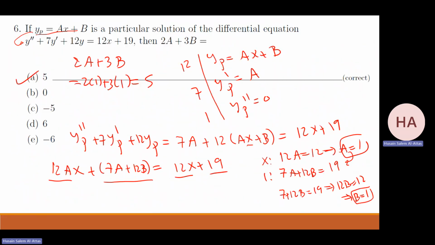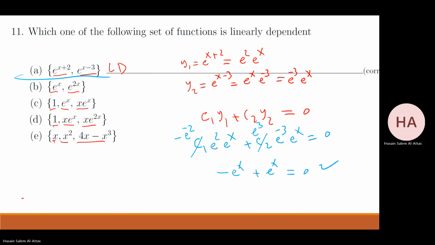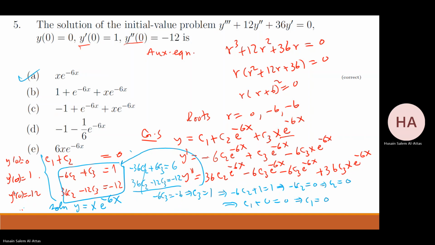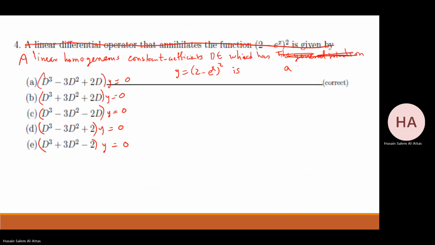Also, the other way, I think we saw a question here: not the general solution, where the basis contains these functions, which has y as a solution. So this is part of the solution.